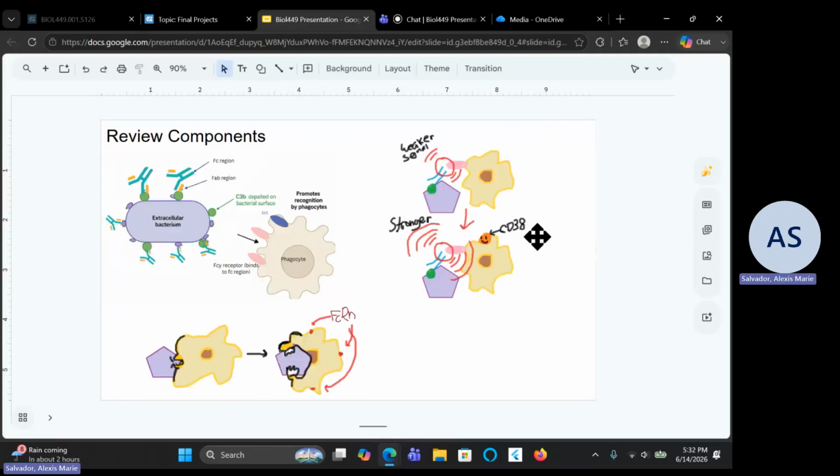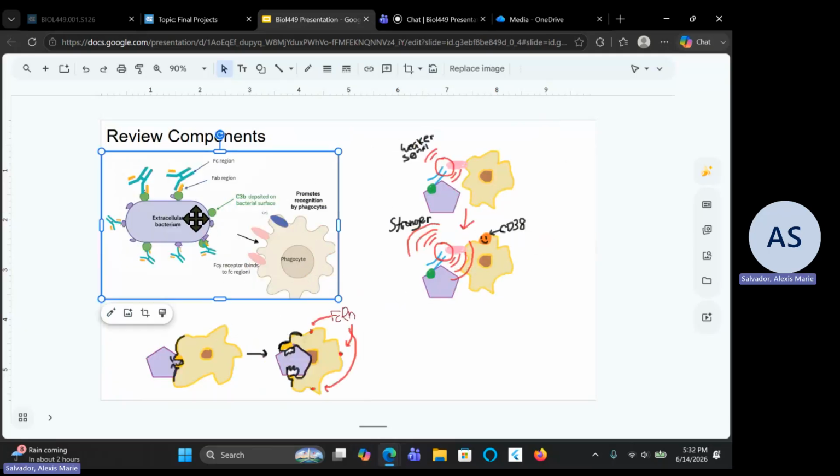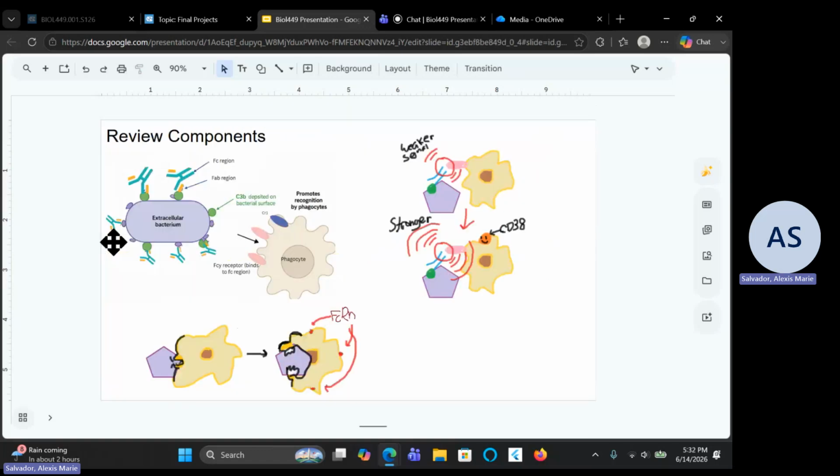So this is basically a review of what we just went over. We can connect this to the papers more directly. From the Rikita paper, we see that these components, the antibodies and the C3b deposited on the surface of this bacteria, are needed for recognition by this phagocyte.